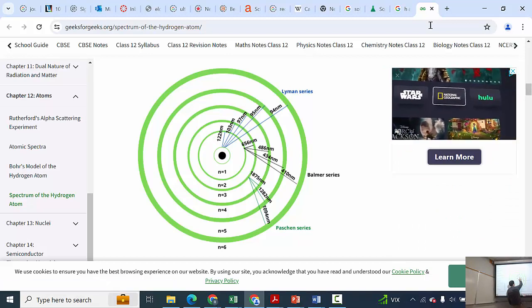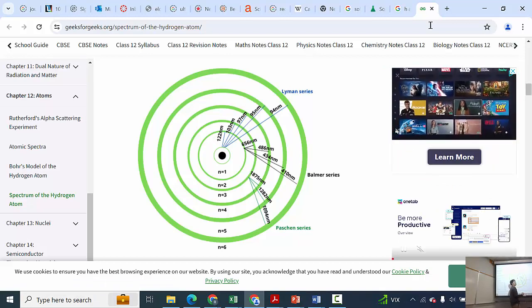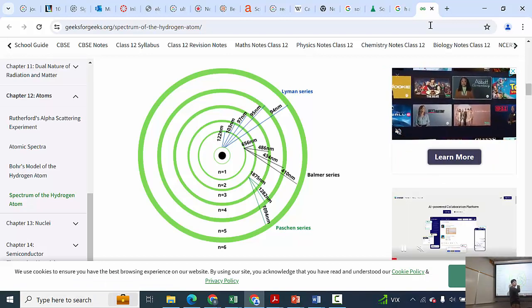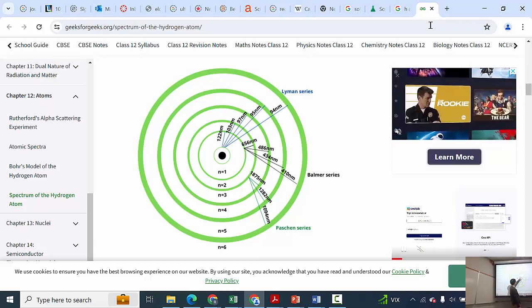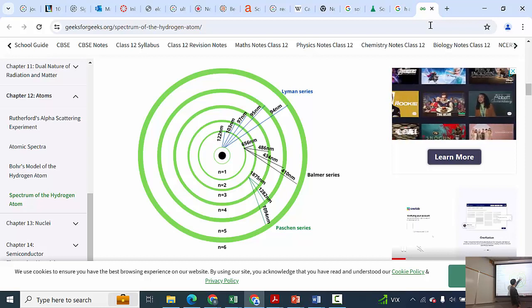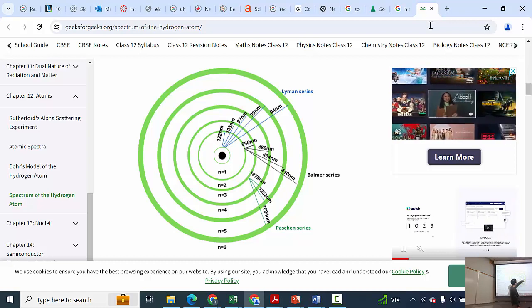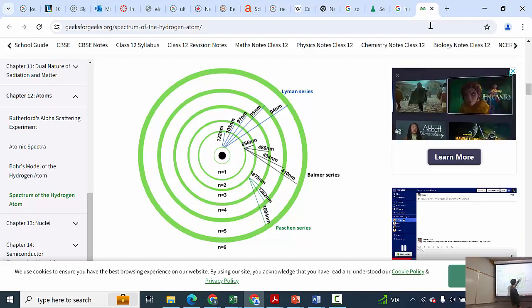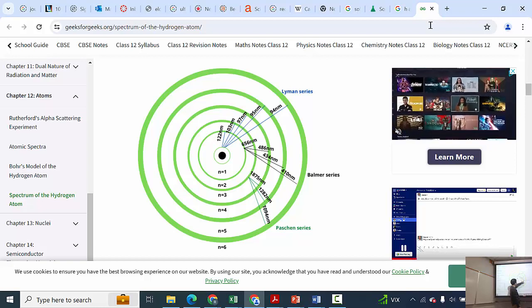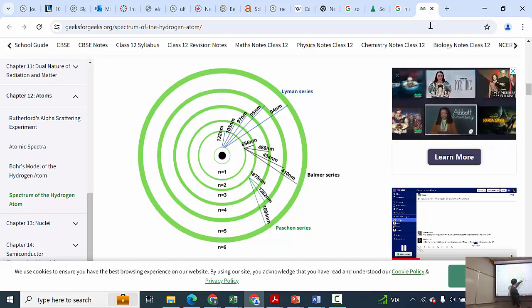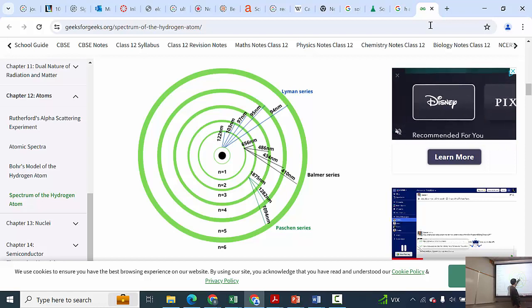That turns out to be the red line in hydrogen. If we go from the fourth floor to the second floor, that's the green line. From the fifth floor to the second floor, that's the blue line, and then the sixth floor to the second floor, that's the violet line.